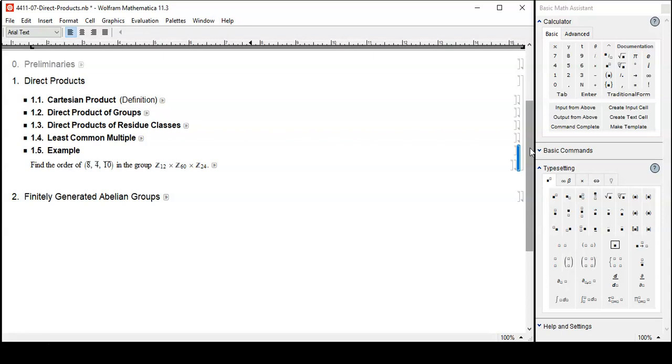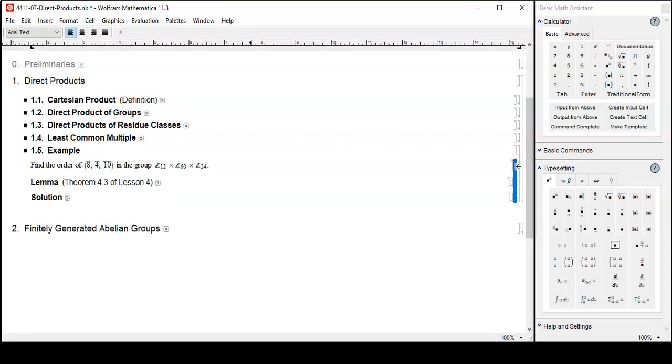Now let's go to an example problem. And this one, it's going to be really hard to do precisely. Let me give you a trick. We did something in lesson 4 when we did cyclic groups. I think that was lesson 4, wasn't it?